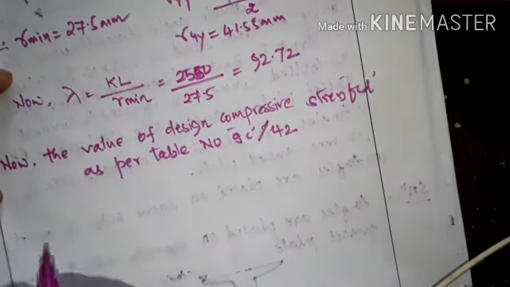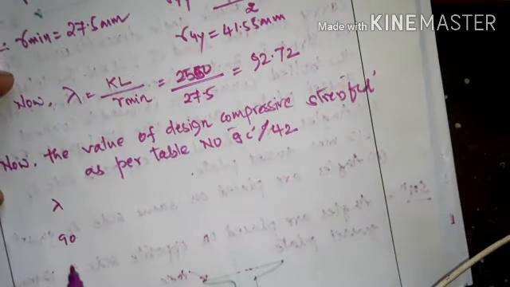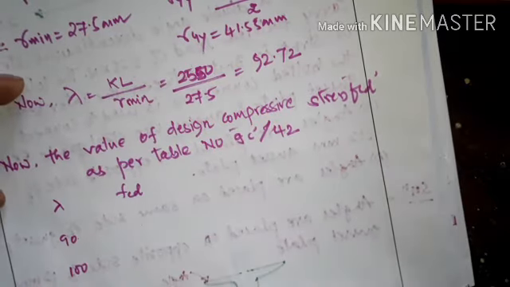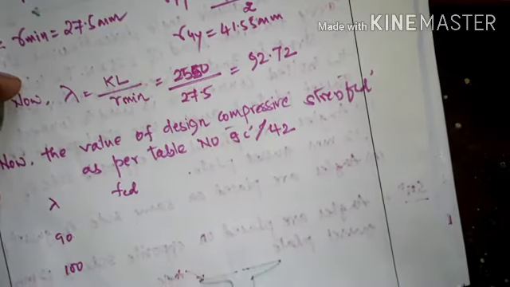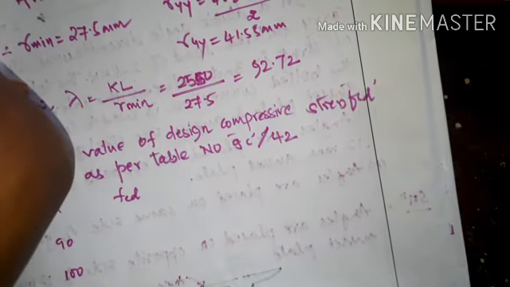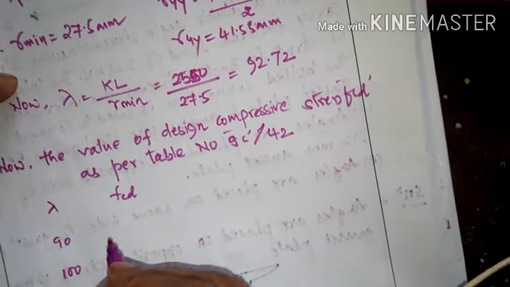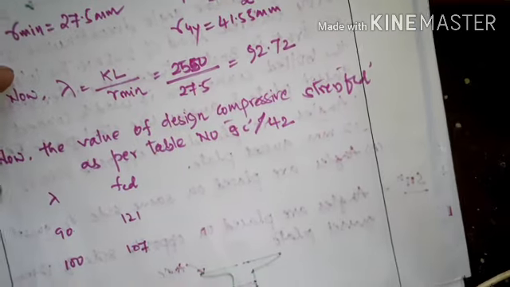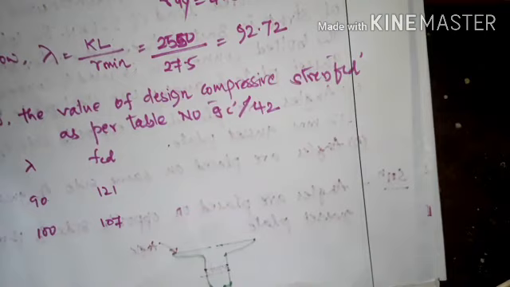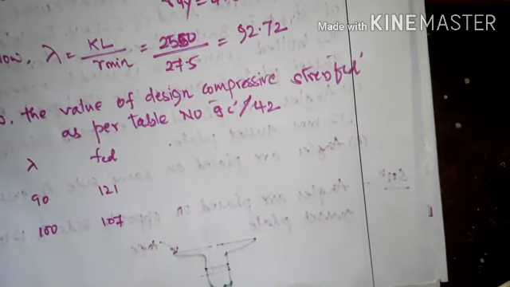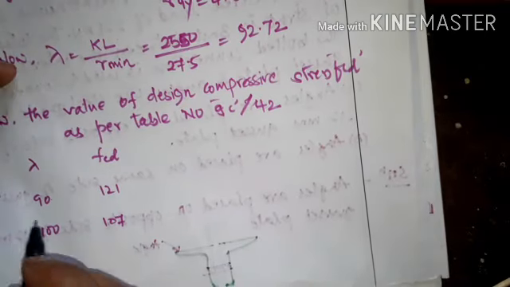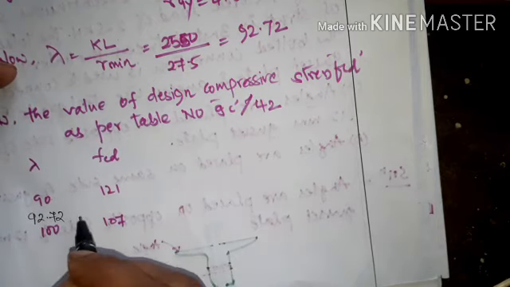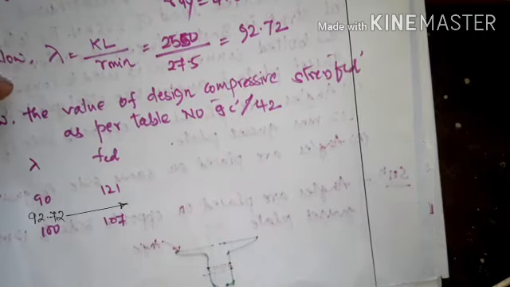The lambda is 90 and 100, and the value of FCD for 90 is 121 and for 100 it is 107, and you have to get the value for 92.72.